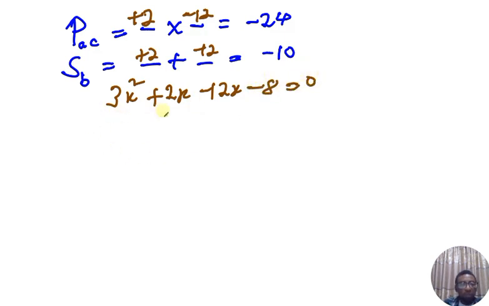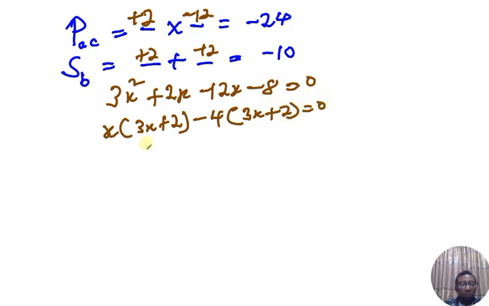So how do we solve this now? What's common here? x is common, so x bracket 3x plus 2. What's common here as well? The highest common factor is 4. So 4 bracket 3x, this will also be minus 4, and minus 8 becomes plus 2, equal to 0.